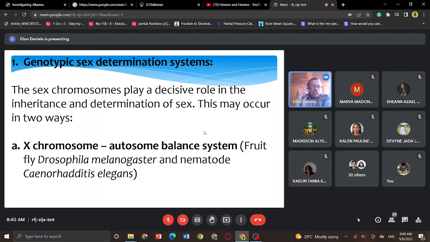Here you have the X chromosome to autosome balance system. So it's a ratio between the X chromosome and the number of autosomes, right?